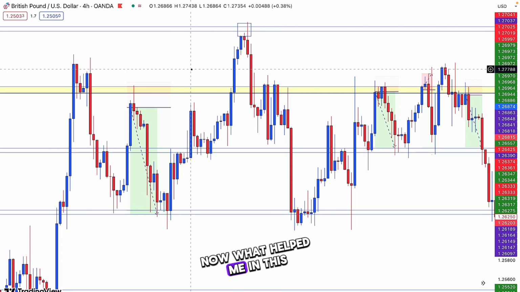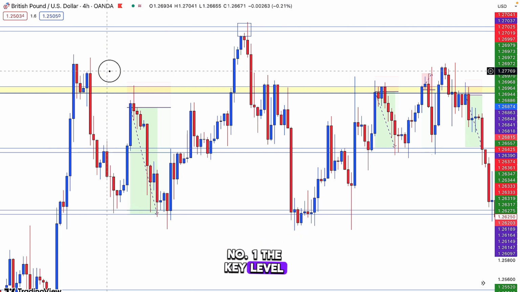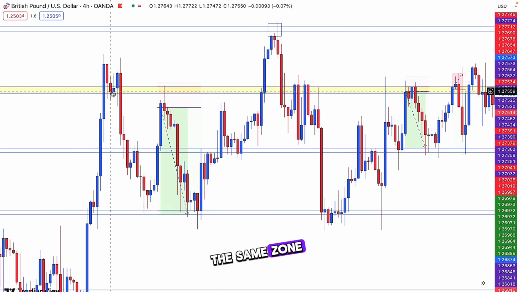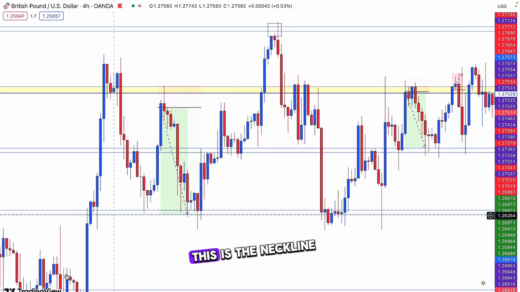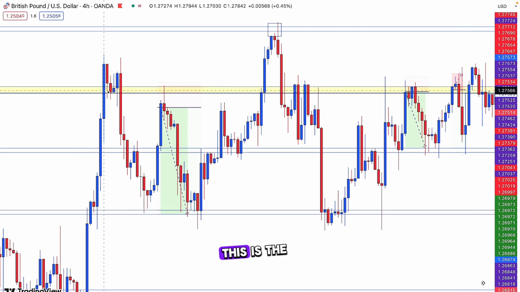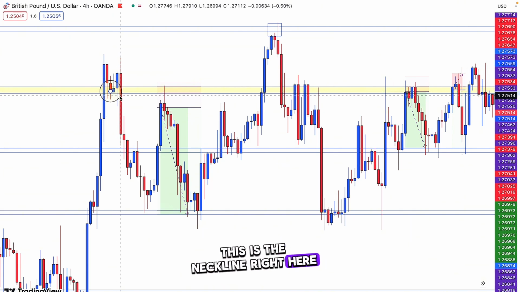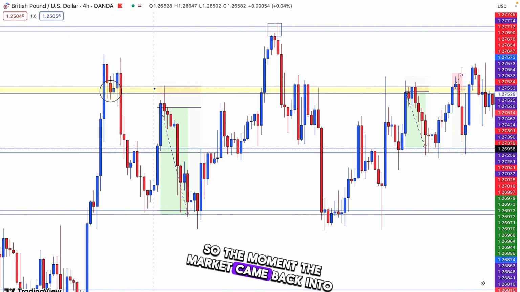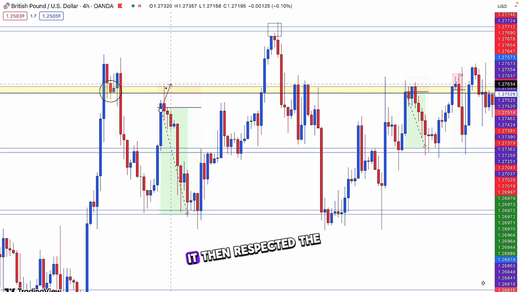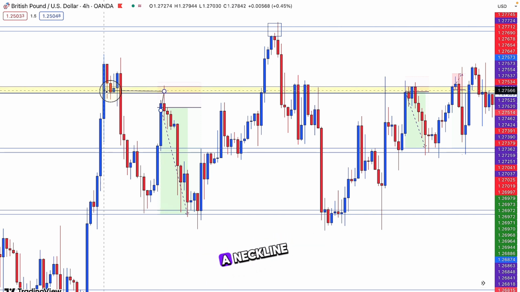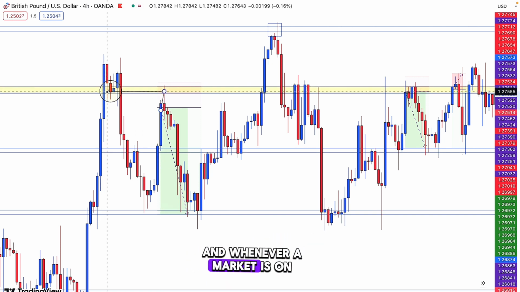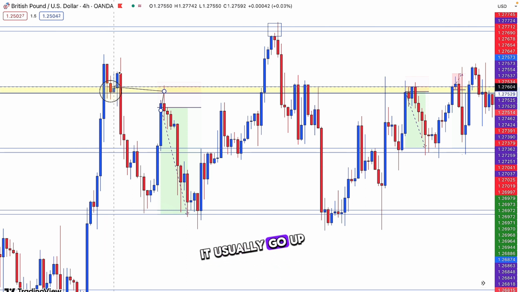Now, what helped me in this case? Number 1, the key level. If you look closely, this is the same zone where we had a double top reversal. This is the neckline right here. So the moment the market came back into this zone, it respected the fact that this is a neckline, and whenever a market is on a support, it usually goes up, but then the selling momentum was high, so it pushed back down.